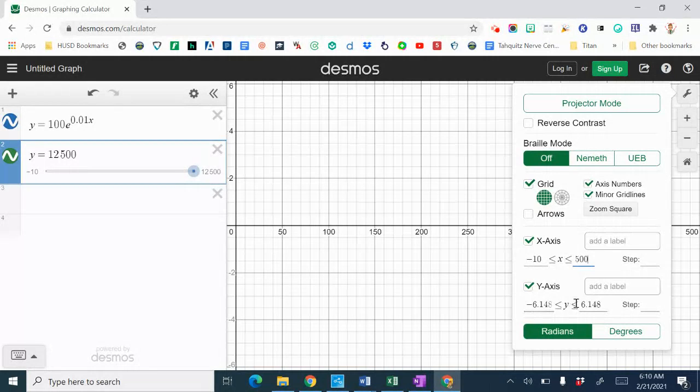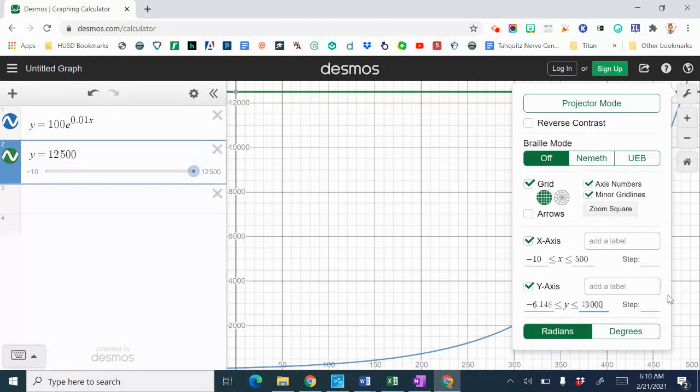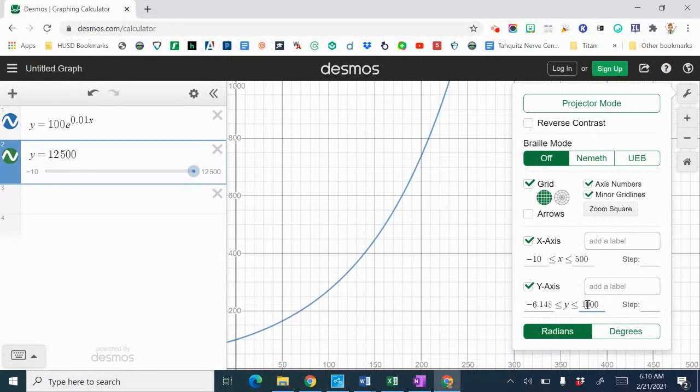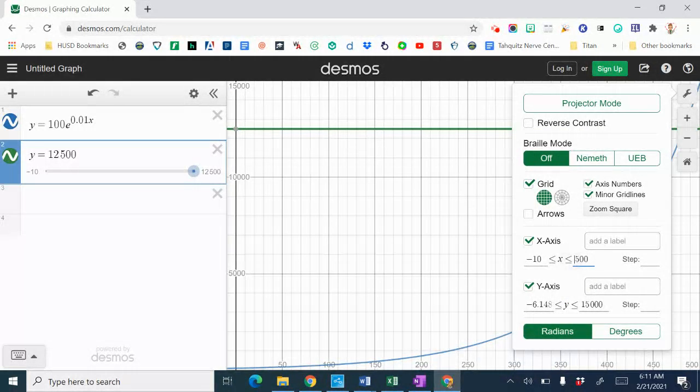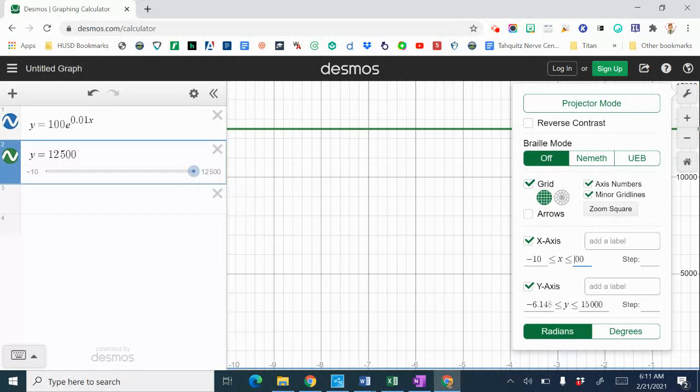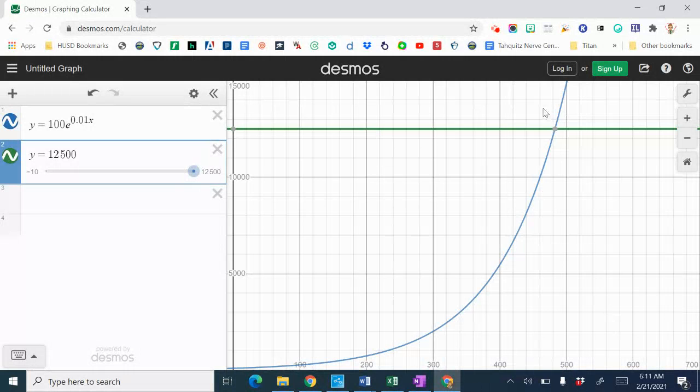And I'm going to make my y-axis go, I know I've got that 12,500 number, so I'm going to go up to 13,000. And I see some things appearing finally. It looks like I'm going to go a little bit higher. I'm going to go 15,000, so I get that centered a little bit better in my graph. A little bit better. Oh, I'm not far enough on, it's hiding behind my settings, so let's try making this setting on the x like 700. There we go. That's a little bit better.